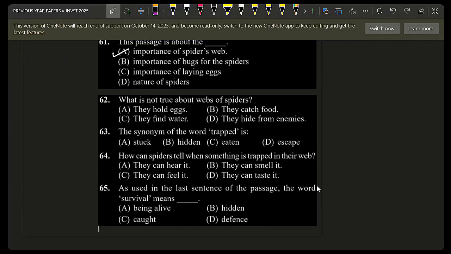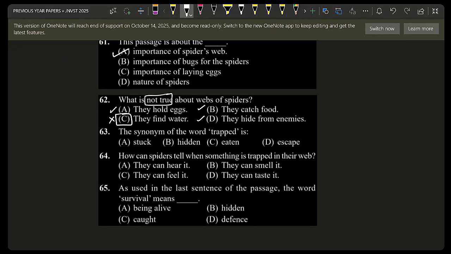They hold eggs. Yes, this is true. They catch food. This is true. They find water. So there is no relation between water and web. They hide from enemies. This is also correct. They're asking about not true, so you have to choose finally option C only.